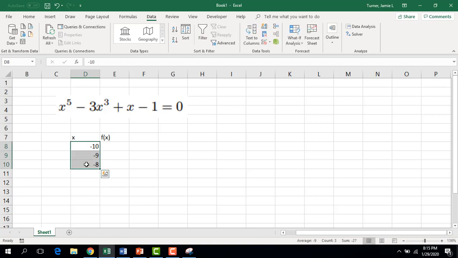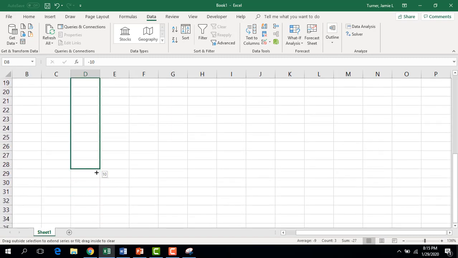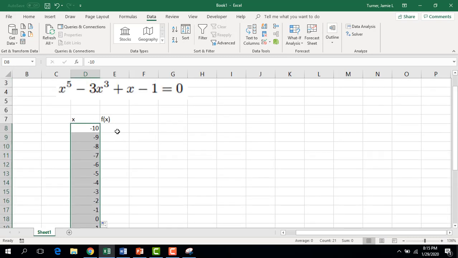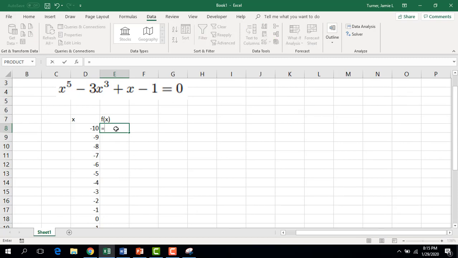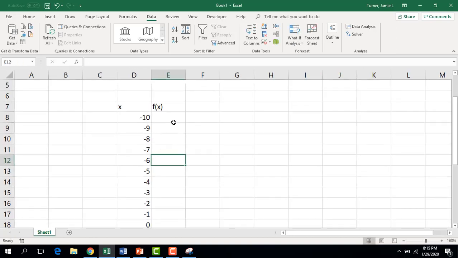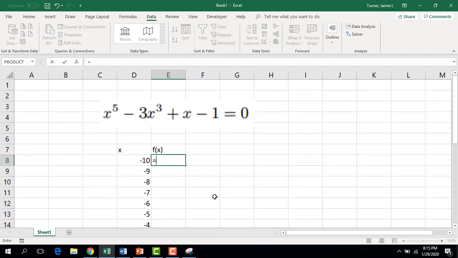So if I graph it out and I notice that, wow, this is actually not going through 0, so I didn't grab the right range, my solution is not between -10 and 10, then I can go back and change this. But just randomly start somewhere. And then over here, I'm going to type in this equation. Let me zoom in a little bit here. Okay, so I'm going to type in my equation, and every time I see an x in this equation, I'm going to click on that value of x in my x column here.